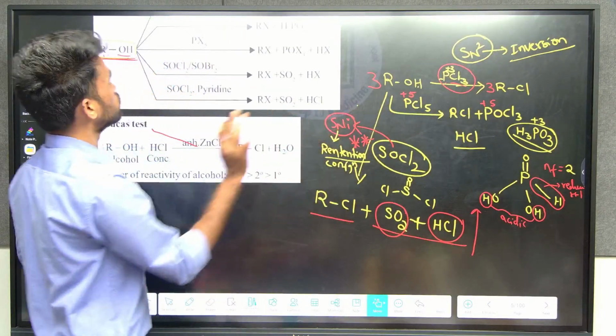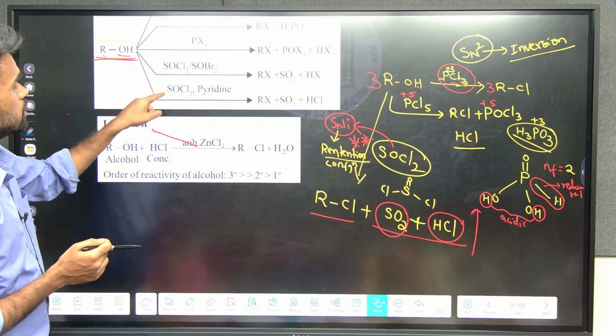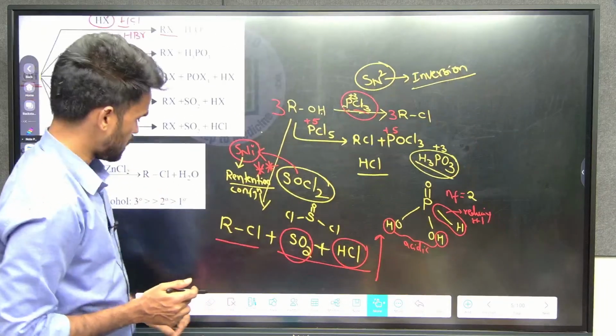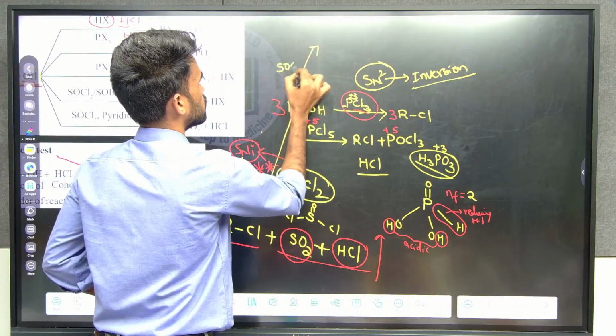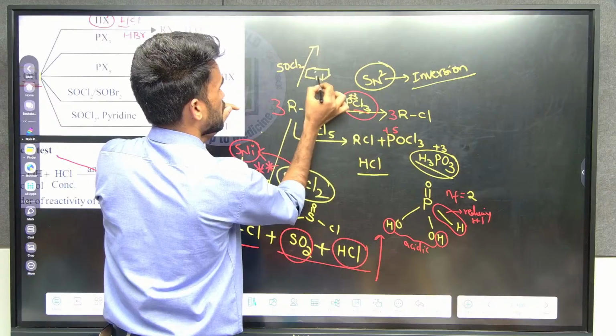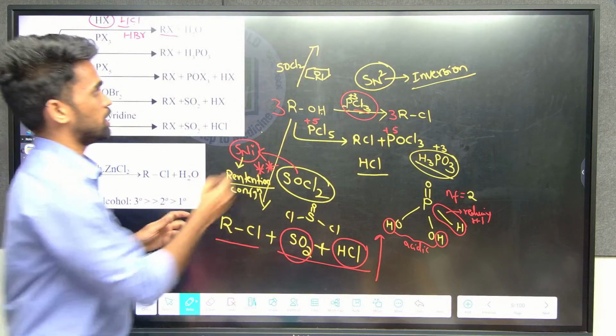Okay, up to 3 or 4 over. Next one is the same SOCl2. Along with this, I have some base here, pyridine, or any base can be used. The product formed will be the same, RCl only.